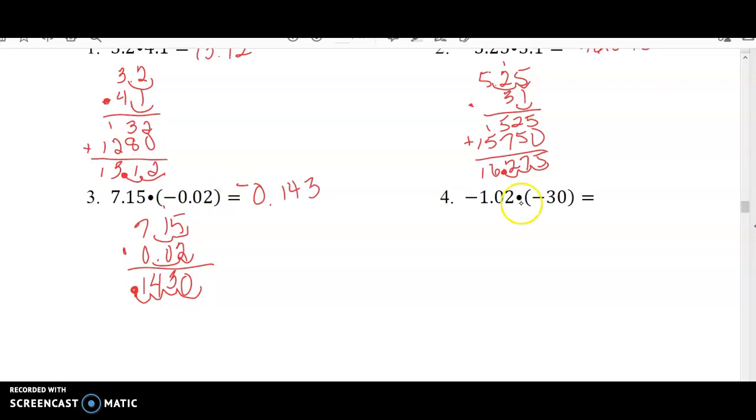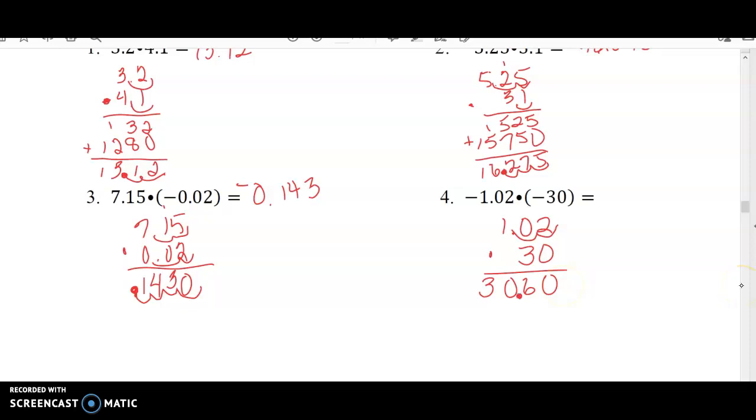Last problem. I'm going to put 1.02 on top. It's got more digits. Times 30. There's no point in doing 0 times 2, 0 times 0, 0 times 1. It's just going to be 0, so I'm going to hold the place value. So I'm going to do 3 times 2, which is 6. 3 times 0 is 0. 3 times 1 is 3. You've got 1, 2 spots here, so 1, 2.